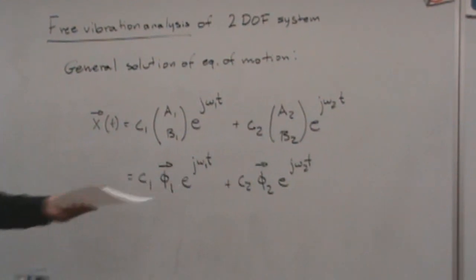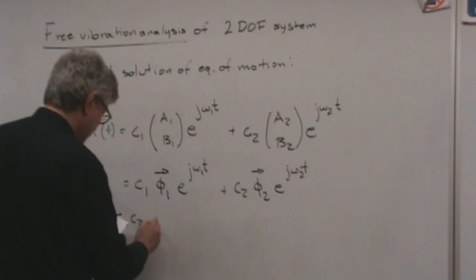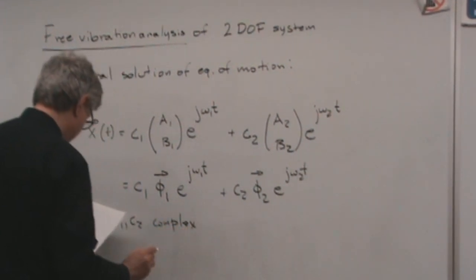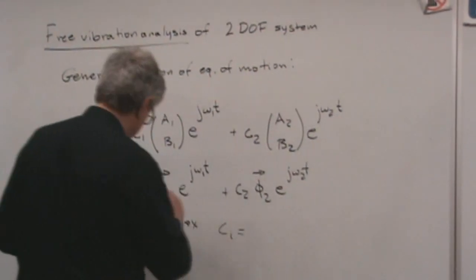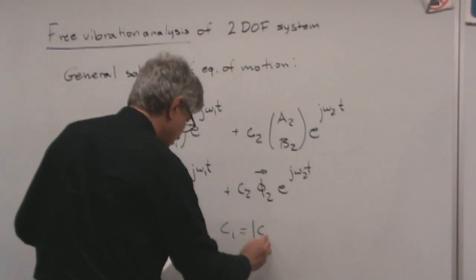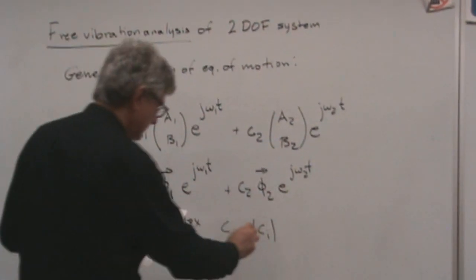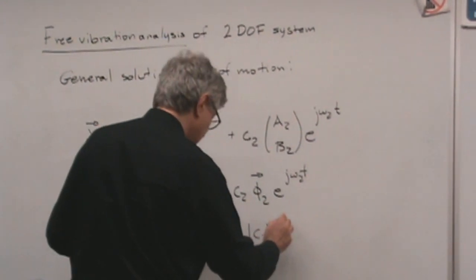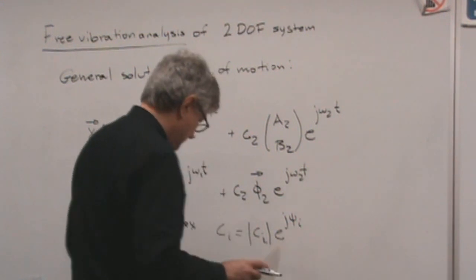C1 and C2, these constants, are complex. They get the form Ci, where the index i can be 1 or 2: the length of Ci, of this complex number, times e to the j psi i.